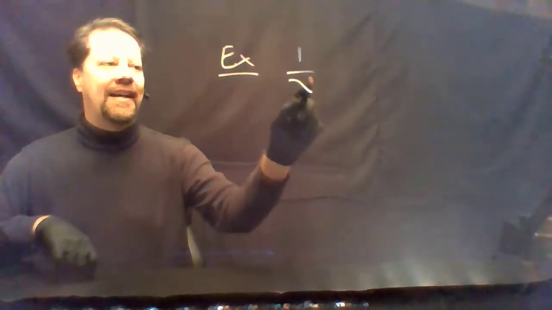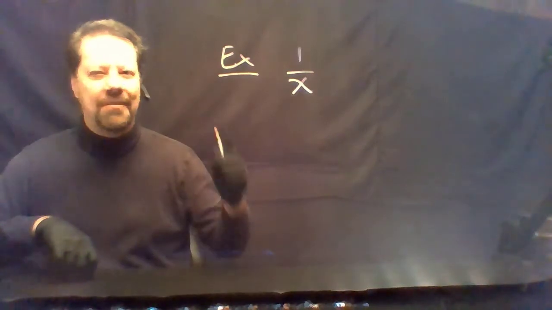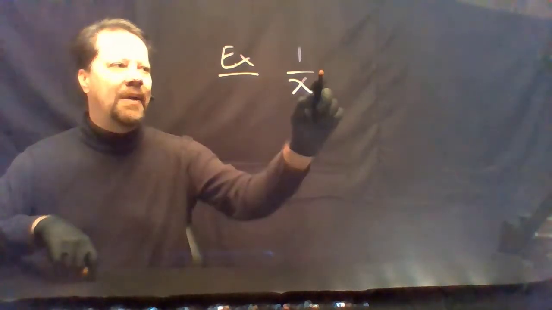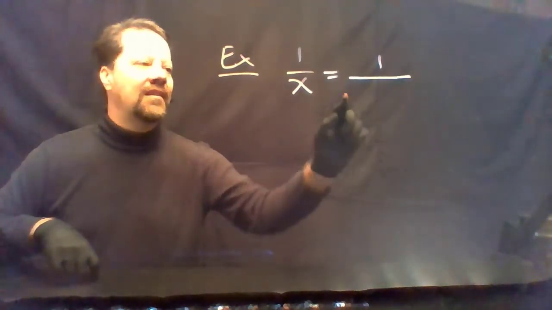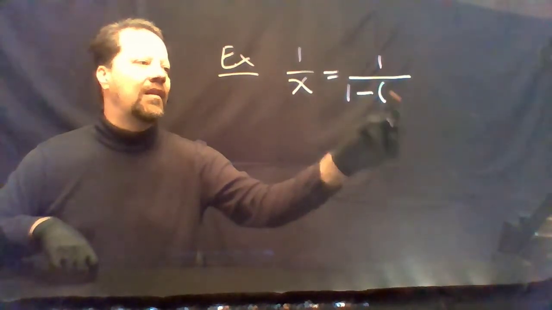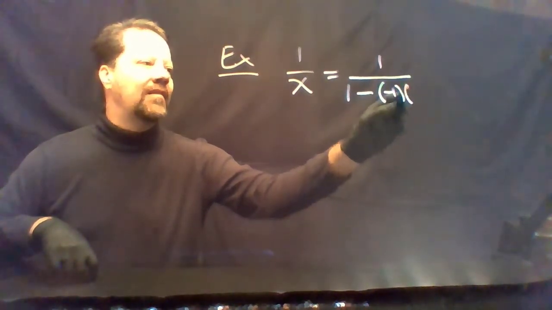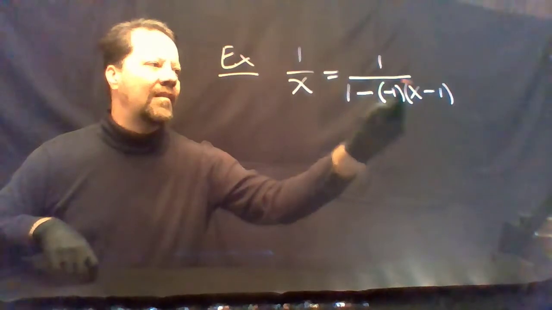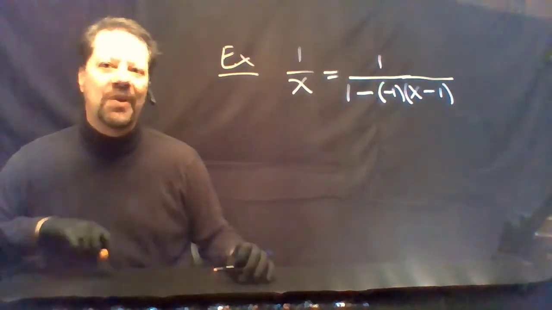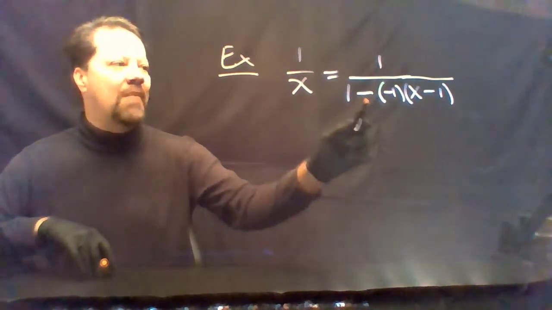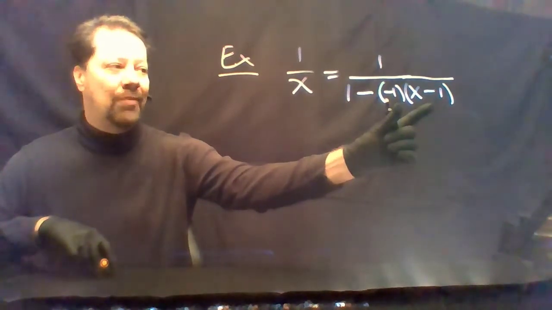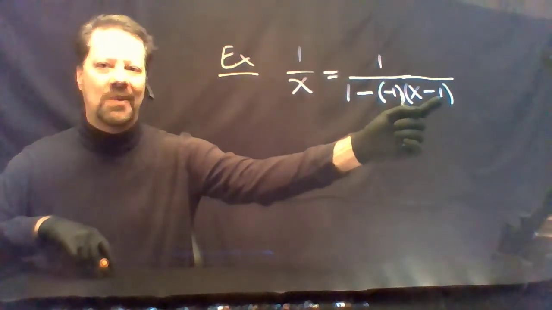consider 1 over x. Now I'm going to express this in a very unusual way. I'm going to express it as 1 over 1 minus negative 1 times x minus 1.